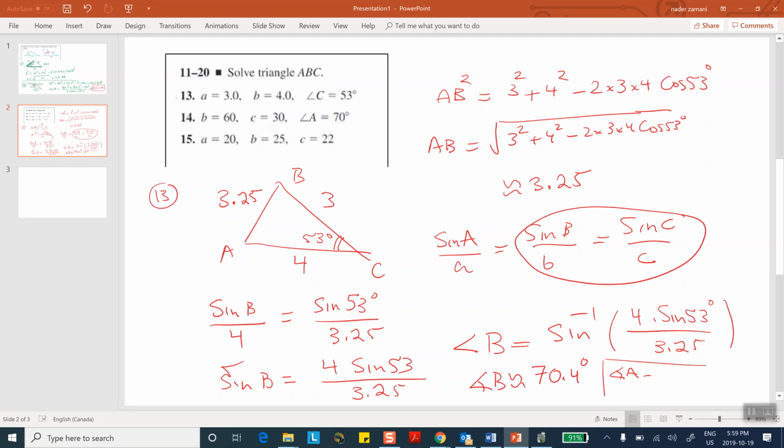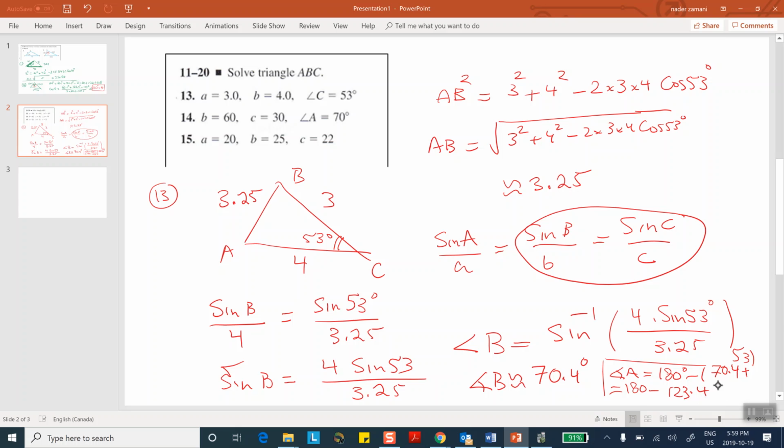Now to find the angle A, I can use the fact that it's 180 degrees minus the sum of these two angles that we have, 70.4, and there is 53 that was given to us. So this is equal to 180 minus 123.4.